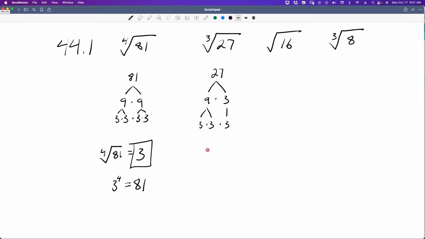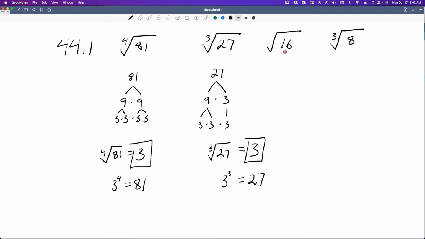So that means that the third root of 27 is equal to 3. The way to check that is to say 3 to the power of 3, 3 times 3 times 3. If that is 27, if that is the number under here, and it is, then 3 is the correct answer. All right, so you can see how these are the inverse of one another. Here I'm breaking apart the answer into 3 factors. Here I'm taking 3 factors and multiplying them to get the answer under the root.